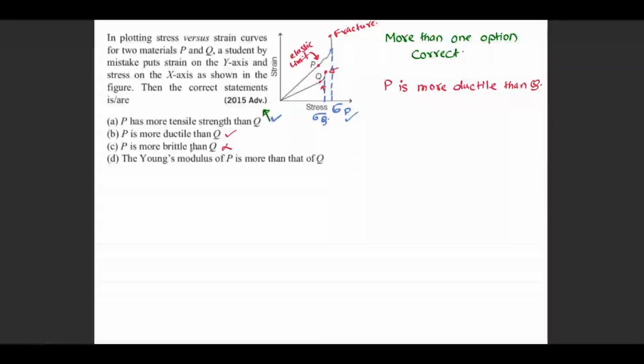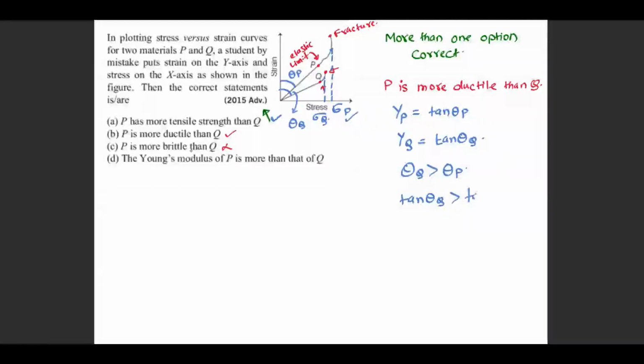right? For Young's modulus, can I say if I consider this angle as theta P and this angle as theta Q, obviously Young's modulus of P will be tan theta P. Young's modulus of Q will be tan theta Q. As theta Q is greater than theta P, tan theta Q will be greater than tan theta P. So Young's modulus of Q will be greater than Young's modulus of P. Hence, this option is incorrect.